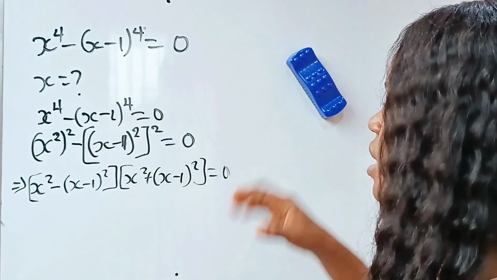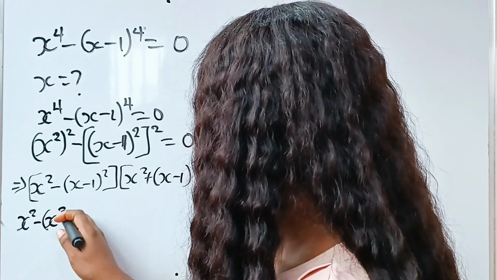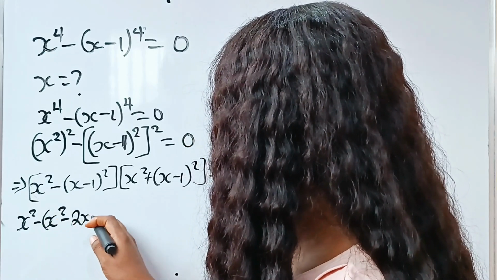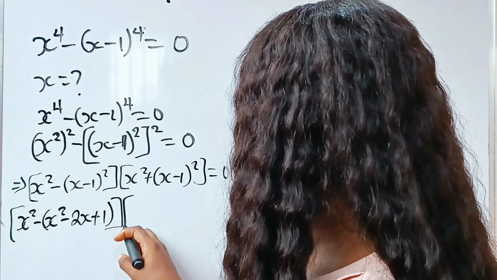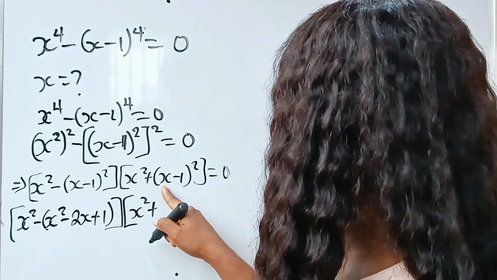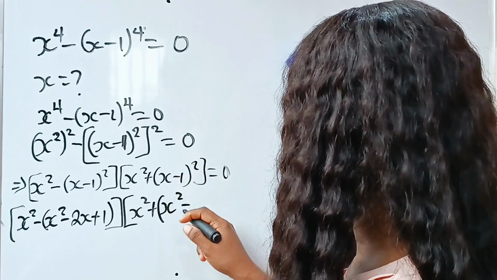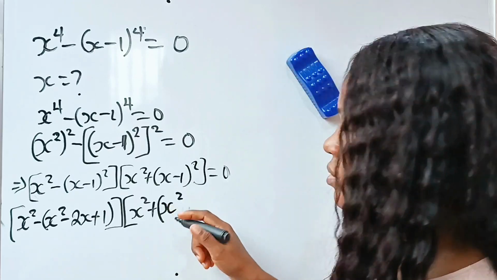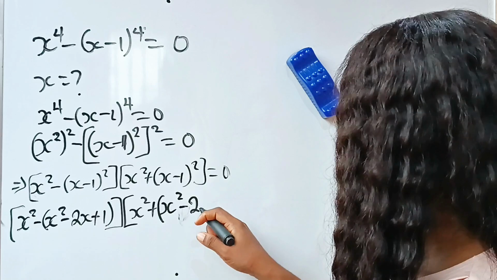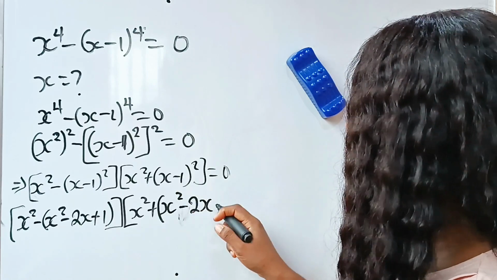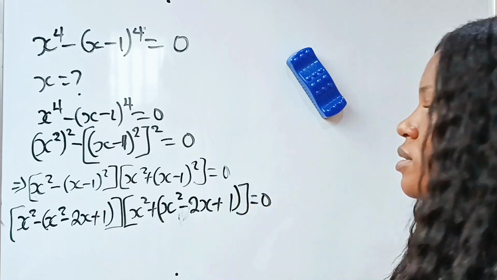Now, if we do that, we will have x squared minus, in brackets, x squared minus 2x plus 1, multiplied by x squared plus, this will be x squared is x squared, minus 1 squared, plus x, or minus 2ab, that is minus 2 times x times 1, that is minus 2x, then plus b squared, that is 1 squared, which is still 1, is equal to 0.